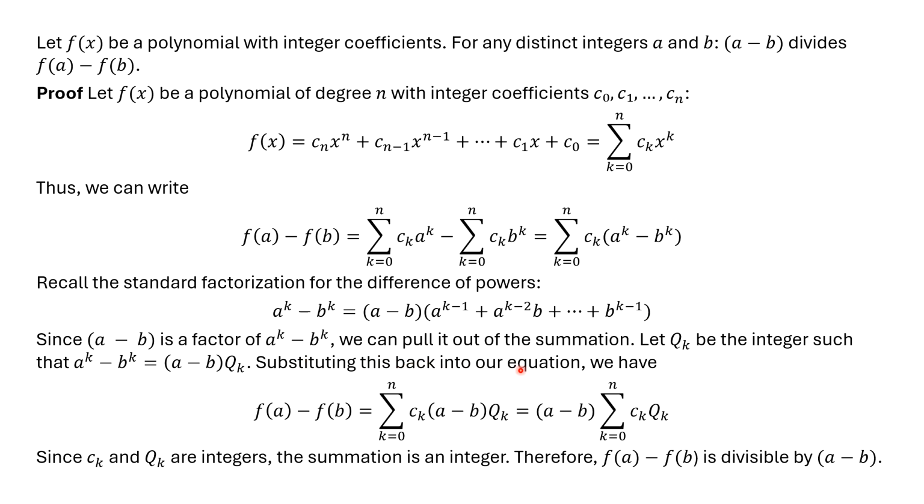Then substituting this back into our equation, we have this, just taking the substitution here. We factor out the a minus b since it doesn't involve the summation index. Since c sub k and capital Q sub k are integers, the summation, this thing here, is an integer, and then you just have an integer times a minus b equals f of a minus f of b, which means that f of a minus f of b is divisible by a minus b.